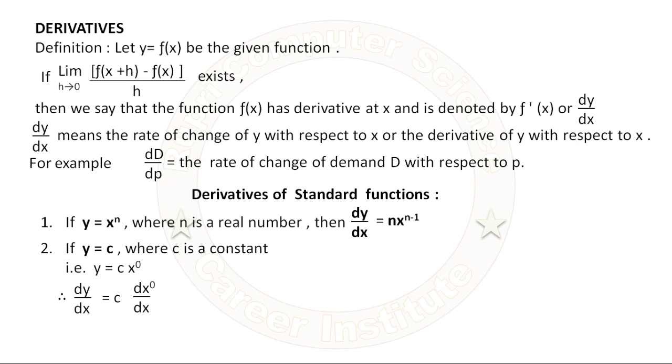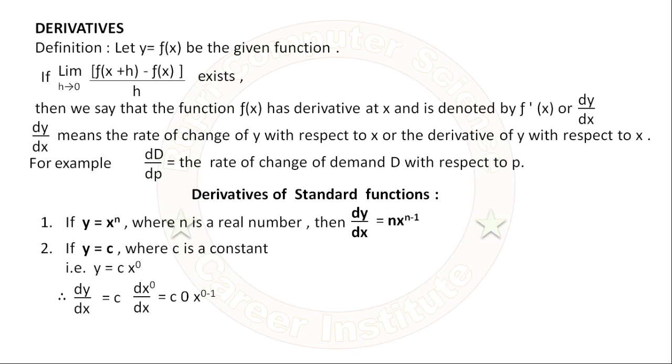That is equal to c into 0 x raised to 0 minus 1, since the derivative of x raised to 0 is 0 x raised to 0 minus 1. Now c into 0 is 0, and 0 into x raised to 0 minus 1 is also 0. Therefore the whole thing is 0.